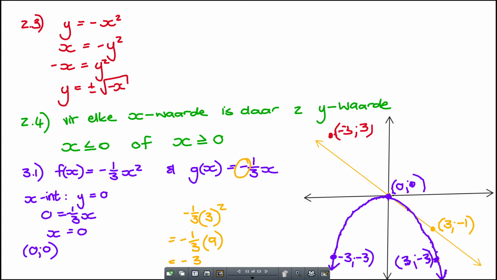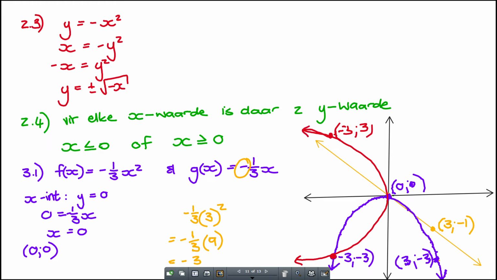Do you guys agree? If I go substitute that into my equation, won't I get the same thing? And if I switch that x and y value around, omdat hulle dieselfde is, gaan dit mos dieselfde punt bly. So my inverse gaan dan lyk like that.